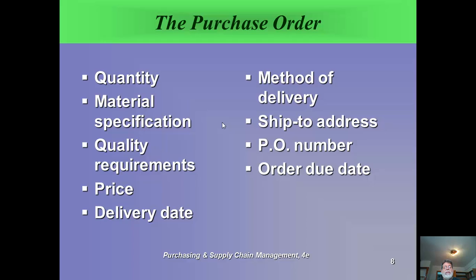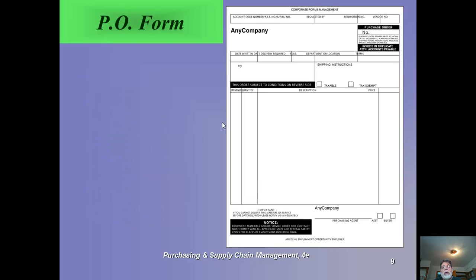But as a formality, and well, maybe not a formality in all cases, you'll specify the material, how much, and then, of course, the price that's already been determined, when it's to be delivered, the method of delivery, shipped to address, also the purchase order number, since this is entered into computer systems and accounting system, and then the order due date. This is external to the organization. The requisition is internal, the purchase order is external. This starts counting within contract law.